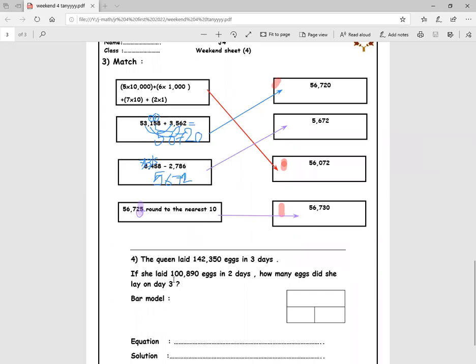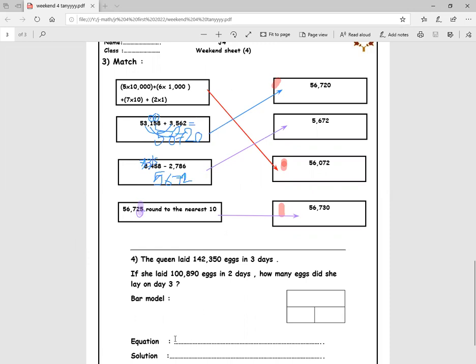The queen laid 142,350 eggs in 3 days. If she laid 100,890 eggs in 2 days, how many eggs did she lay on day 3?